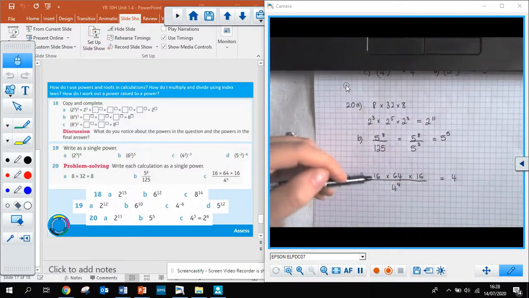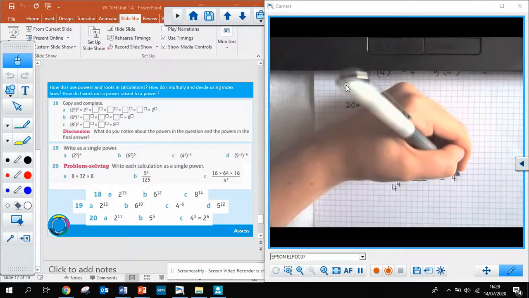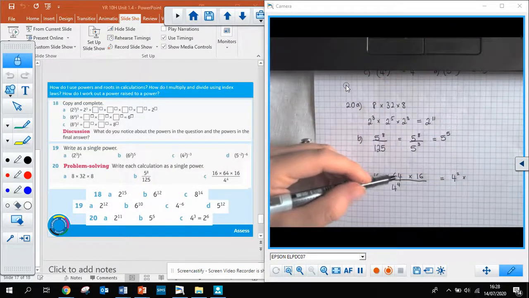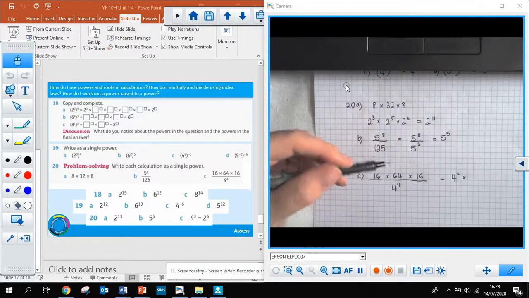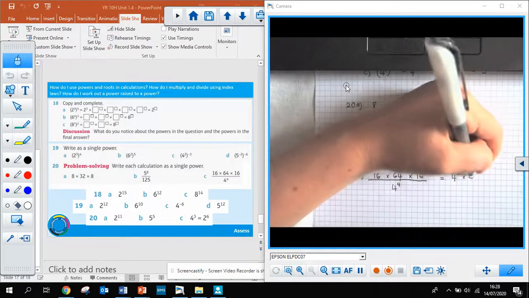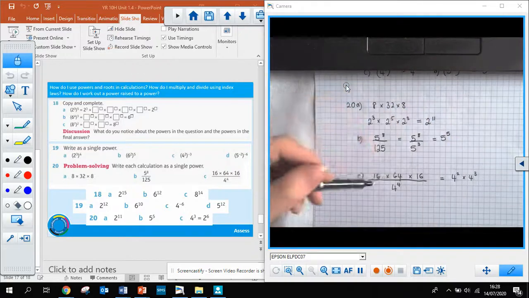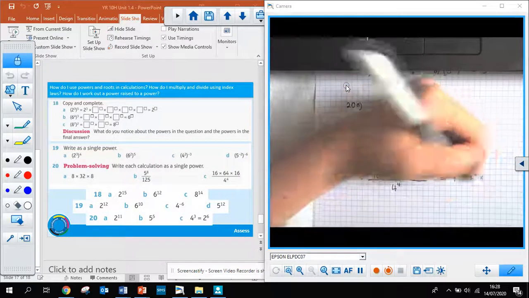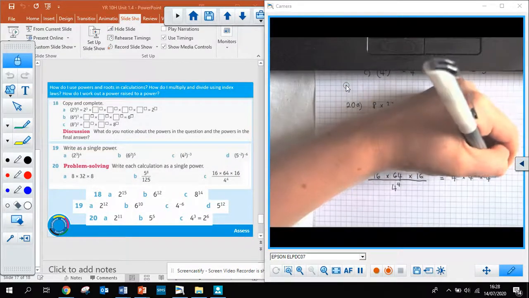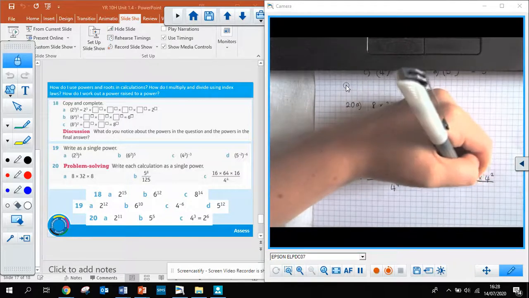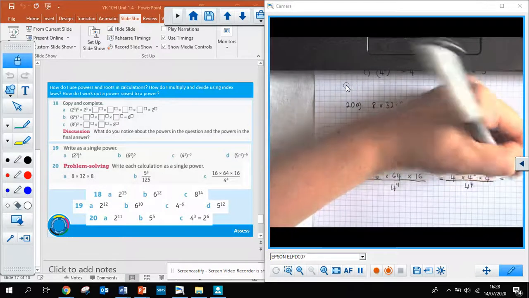So 4 to the power of what gets you 16? It's 4 squared. And 4 to the power of what gets you 64? Well, it's 4 cubed, because 4 times 4 is 16, times 4 is 64, and again we've already done the 16, that's the 4 squared. All divided by 4 to the power of 4.